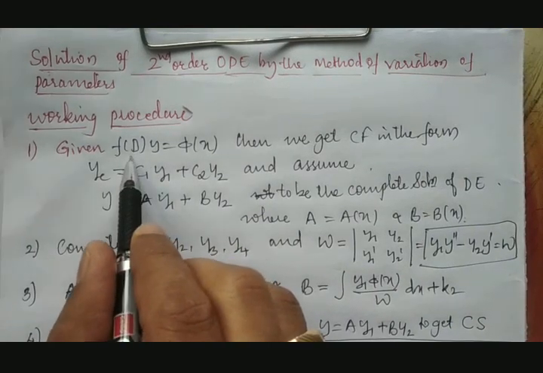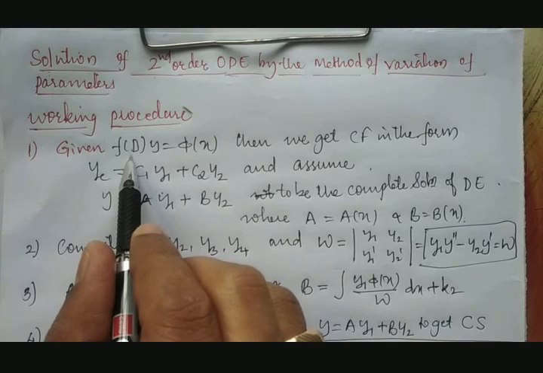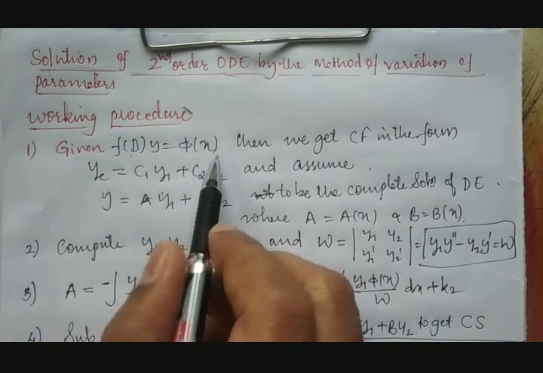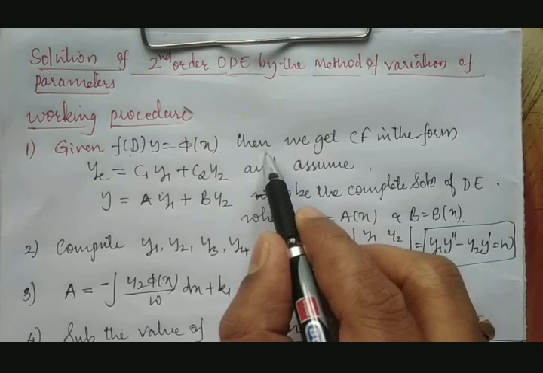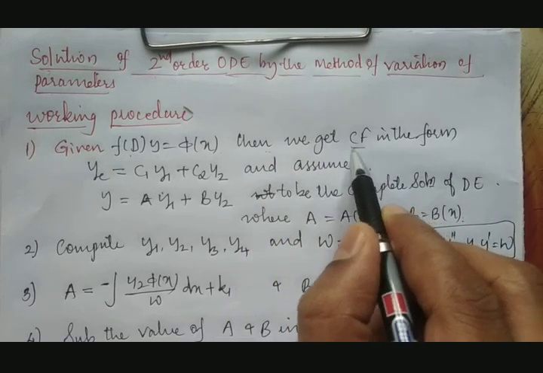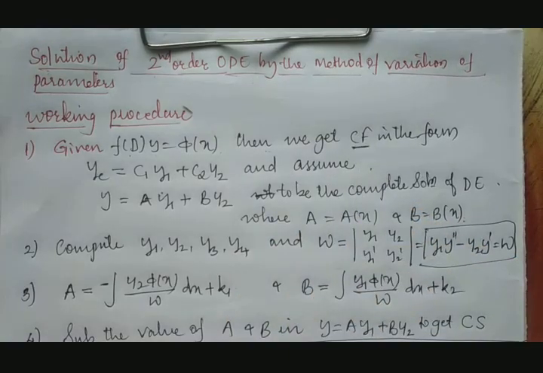One function will be given, which will be in the form f(D)y = φ(x). Then we need to get its auxiliary equation and roots. After getting the roots, we need to calculate the complementary function.